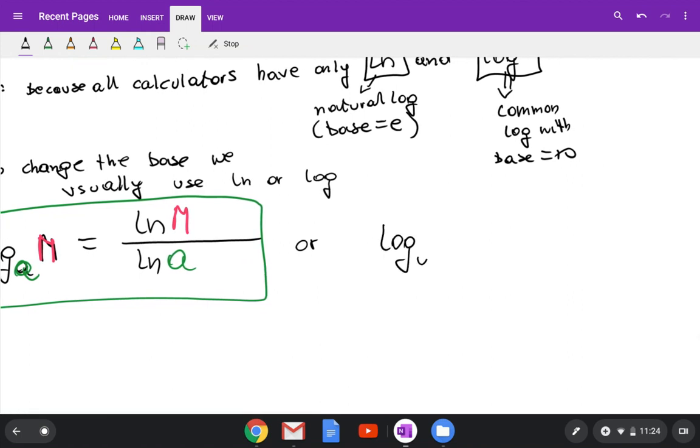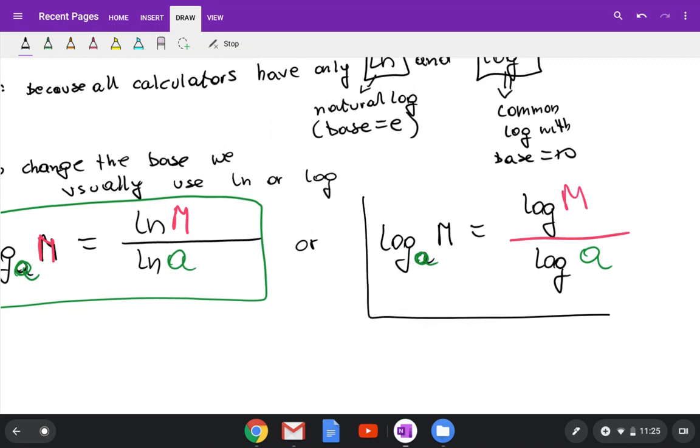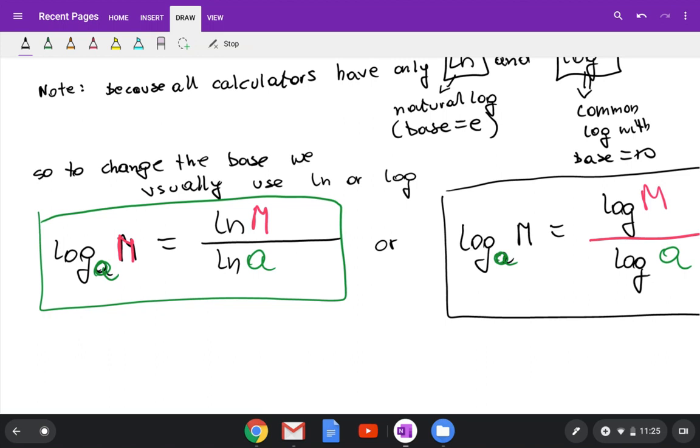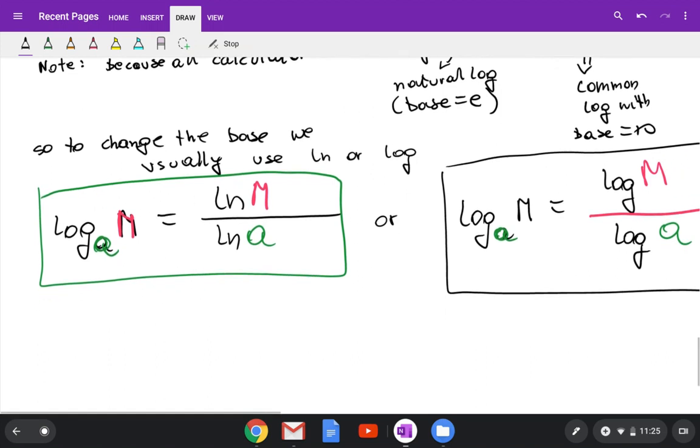Log base a of m is the same as common log of m over common log of your old base, which was a. Okay, so this is what we usually use on a calculator, since we only have two buttons for logarithms. Let me show you how to use it.